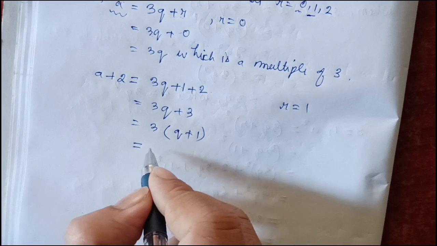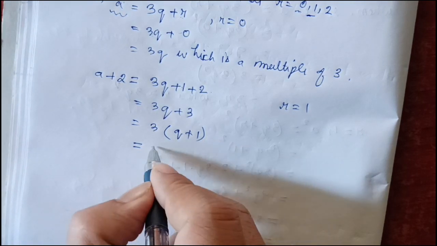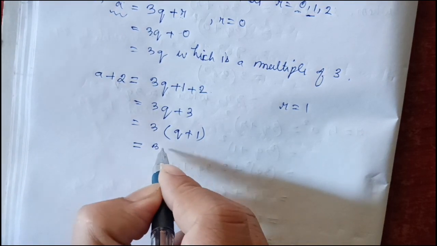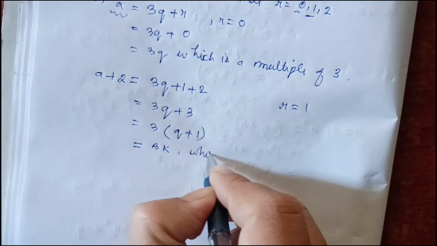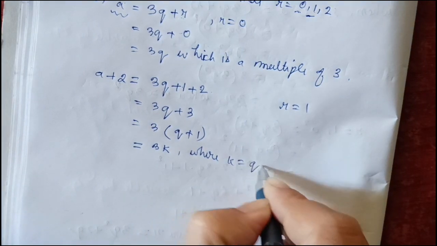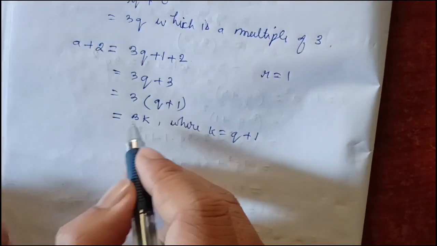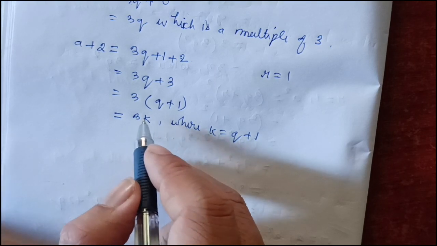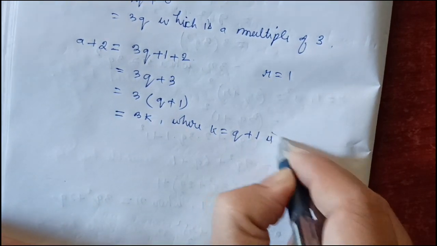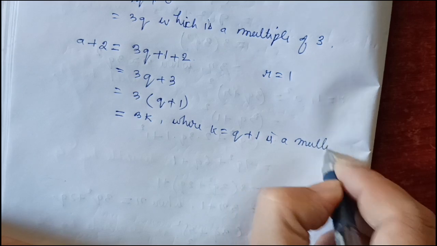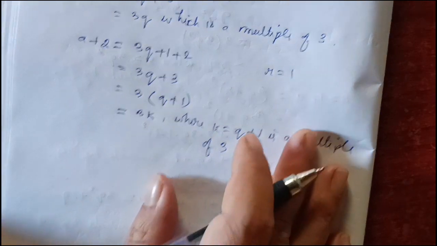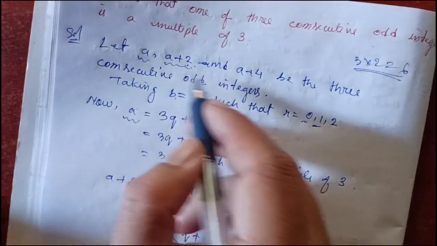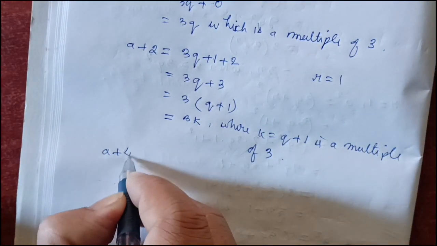Then this q plus 1 you can replace with k, where k equals q plus 1. So this is 3k, you know that 3k is a multiple of 3, so a plus 2 is a multiple of 3. Then next is a plus 4. A plus 4.